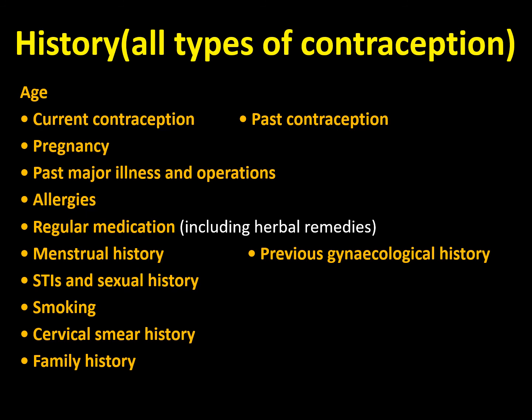What are the available methods that you have? You may explain the mechanism of action for the method, possible side effects, how to use the method, follow up plan, what to do if whatever side effect occurs, whom to contact, and what else? What about fertility plan, fertility in the future? This is what we mean by counseling.